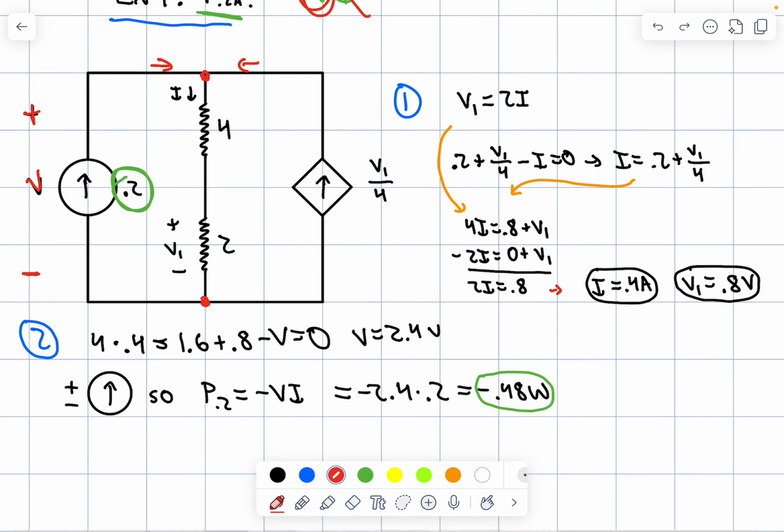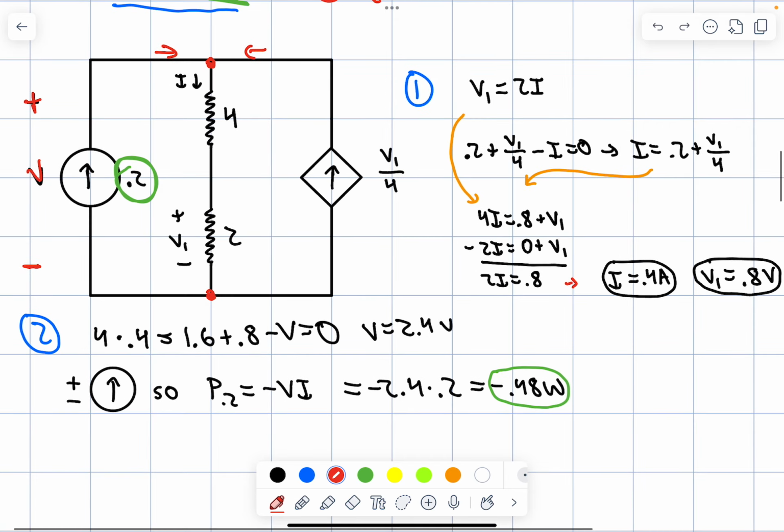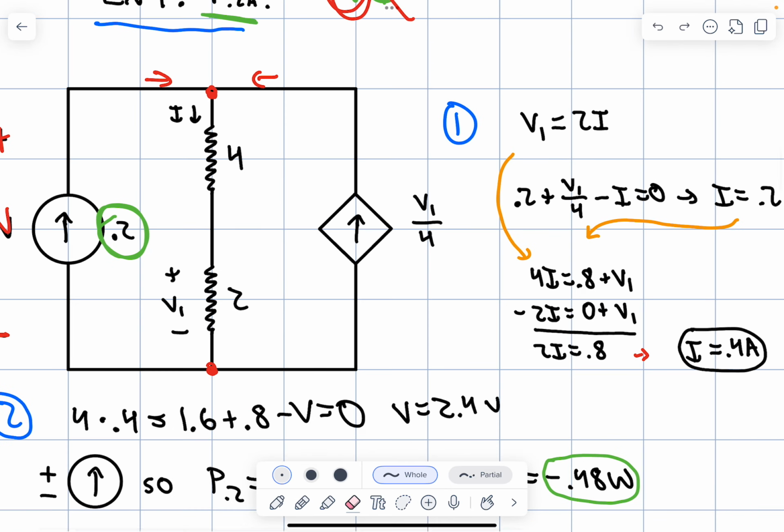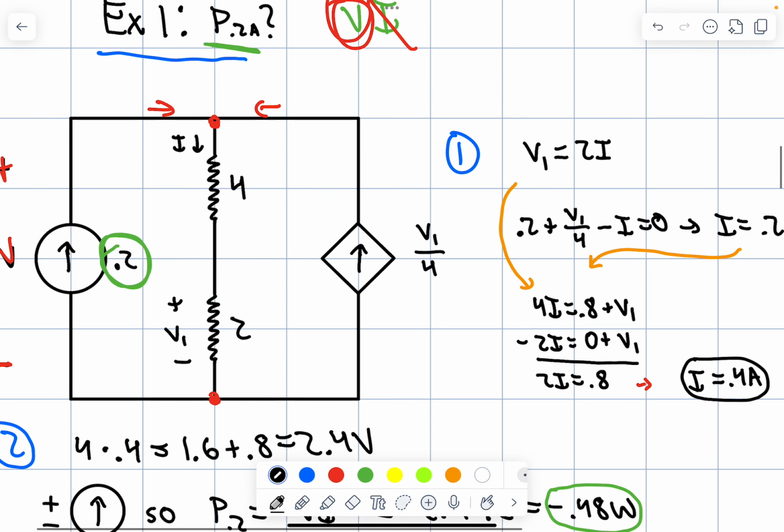And of course now, with the current and the voltage, you can find the total voltage drop across this wire. The simplest way to put this is, what's the voltage drop across this resistor?